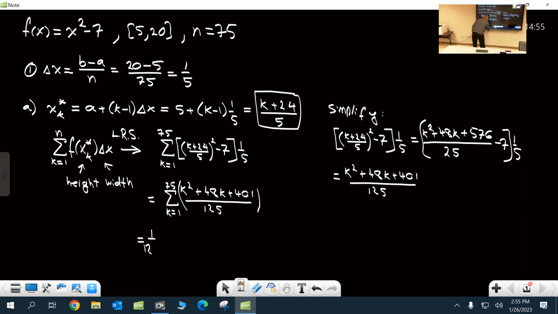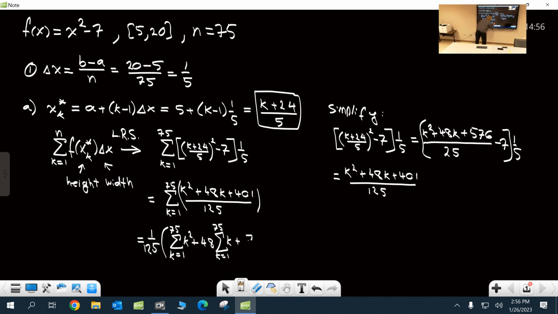Let me first write down the sums, how they will look before we use our rules: the sum of k squared, plus 48 times the sum of the first 75 k's, plus the sum of the first 75 401s.